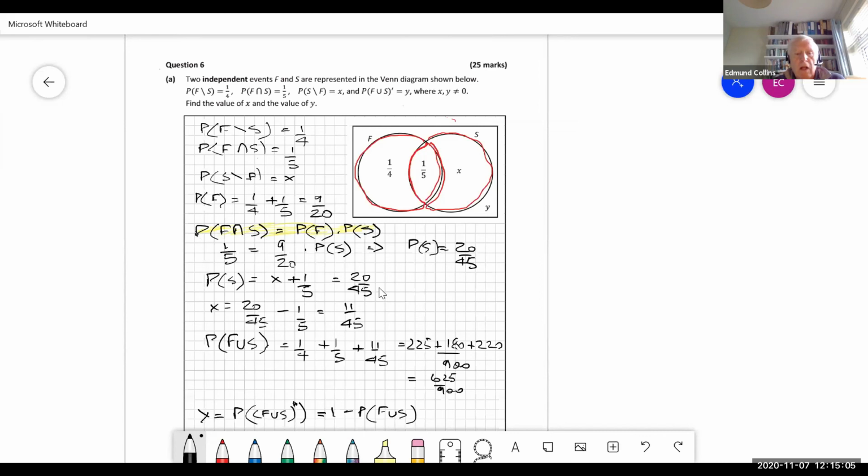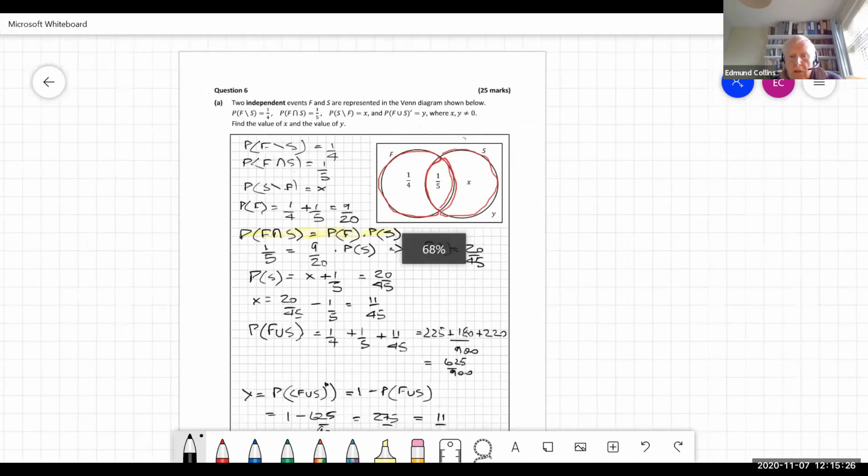The rest of it was just algebra working out, and of course this here, the probability of failure, the complement, equals 1 minus the probability of the event itself.